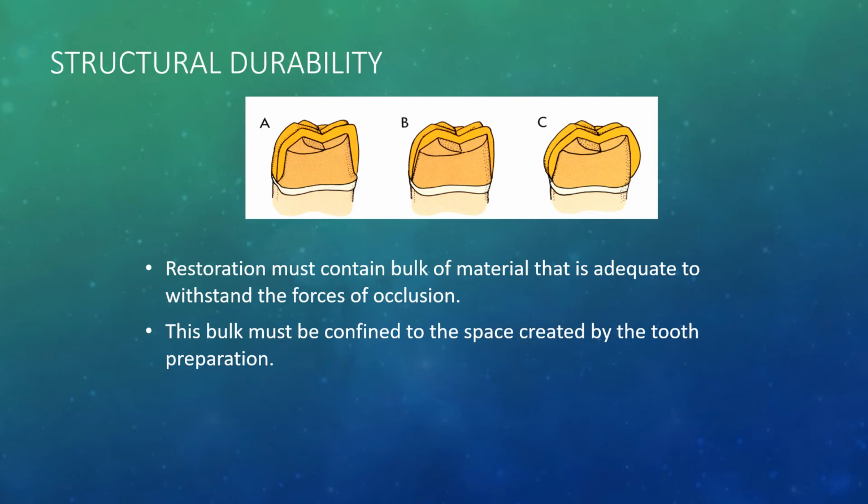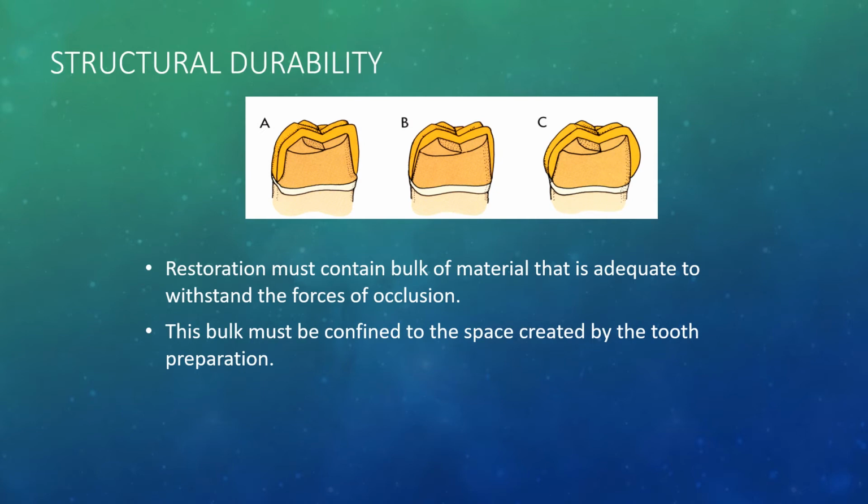It has to be restored with a good bulk of permanent restorative material, like a composite restoration, or glass ionomer cement, or a hybrid glass ionomer cement, and you must make sure that the core of the tooth has been restored properly.